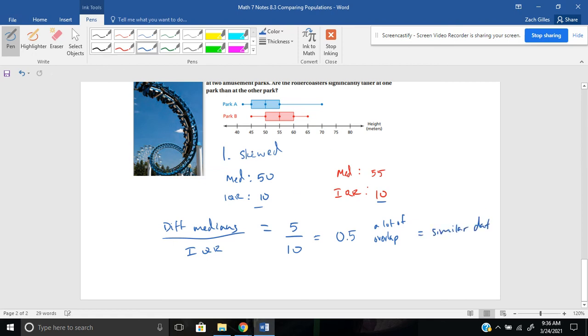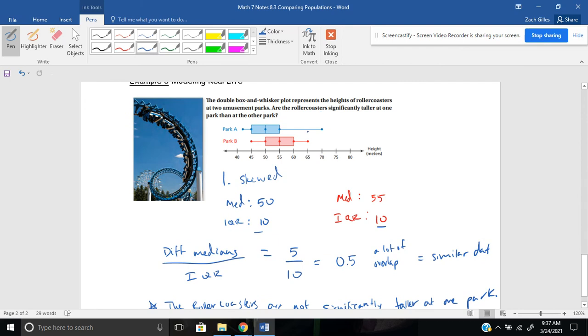One is not really a whole lot taller than the other one. So I'm just going to say that the roller coasters are not significantly taller at one park compared to the other one.